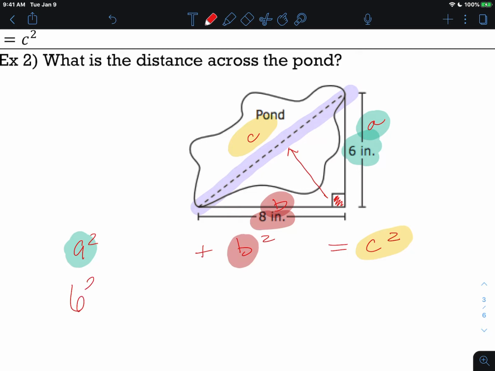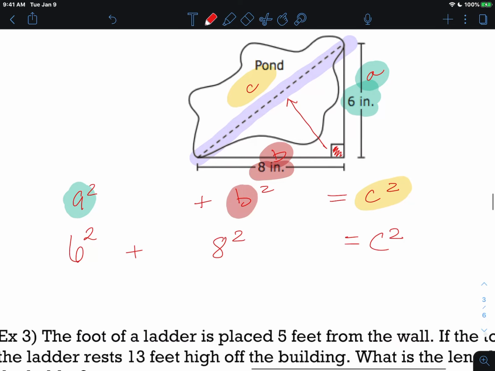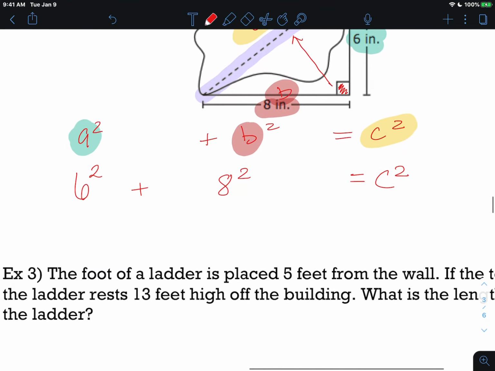So A squared plus B squared equals C squared. So let's go ahead and try and simplify those. 6 times 6 is 36 plus 8 times 8, 64 equals C squared. If I combine like terms, 36 plus 64, I get 100.